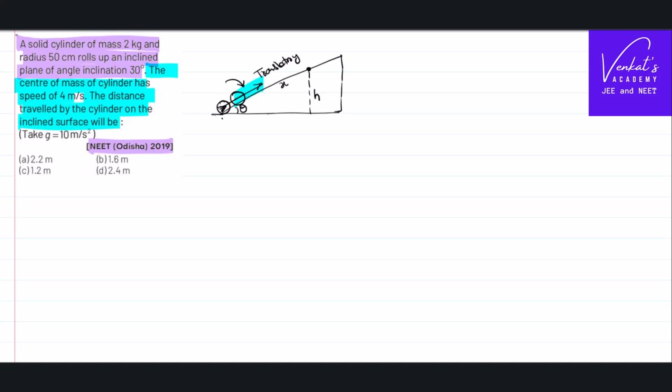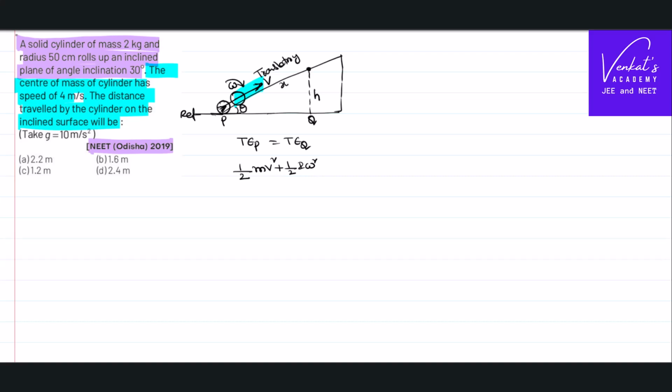At the point P as well as at the point Q, total energy is always conserved. So I can write total energy at the point P equal to total energy at the point Q. Taking this as the reference line, there is no potential energy here. Total energy means it has two kinds of kinetic energies: translatory kinetic energy, half m v square, because it has a velocity v, and rotational kinetic energy, half I omega square, because it is also rotating with an angular velocity omega.